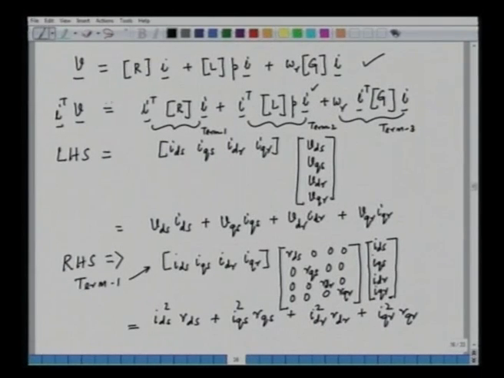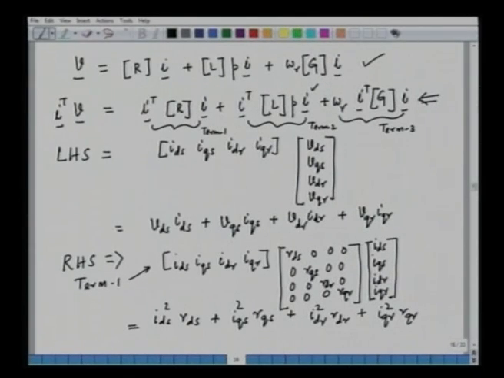Now, if we pre-multiply this equation with i transpose, what you obtain is i transpose R i plus i transpose L p i plus omega_r i transpose G i.